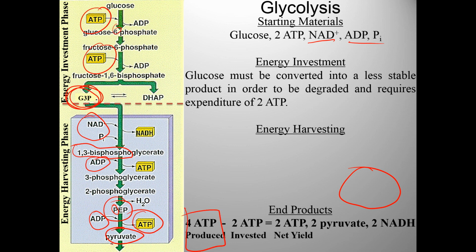Alright, because here you take glucose and you split it into 2 G3P molecules. Each of those G3P molecules is going to be converted to pyruvate.